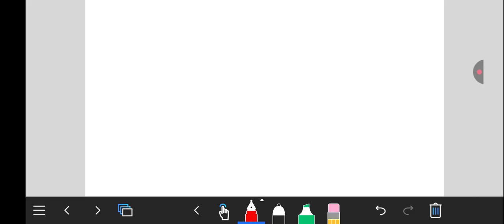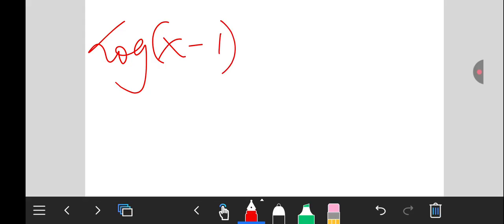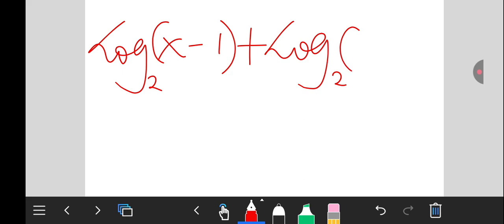So we have, this is question 2, log of x minus 1 base 2, then plus log of x plus 3 base 2 is equal to... so this logarithm is equal to 0.